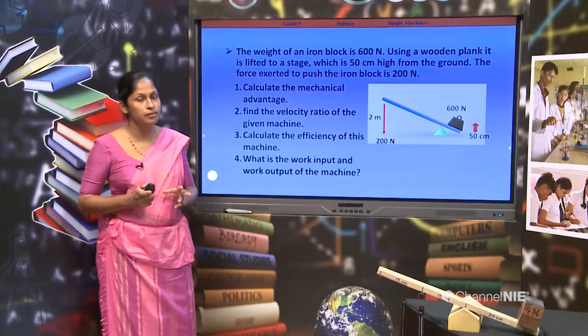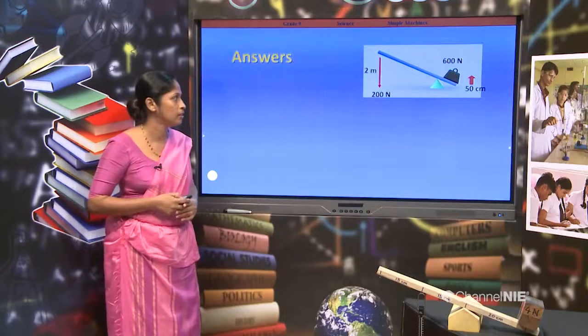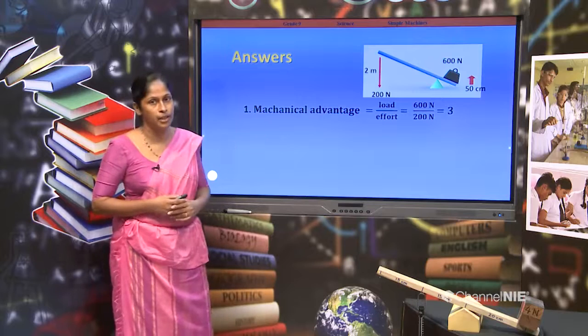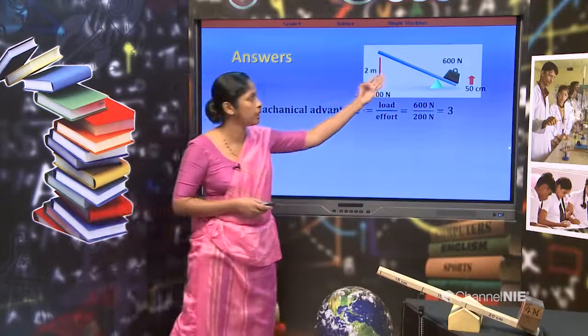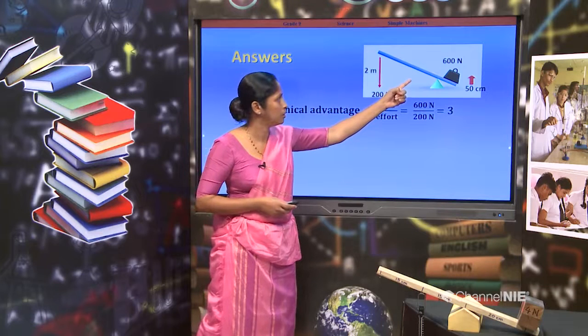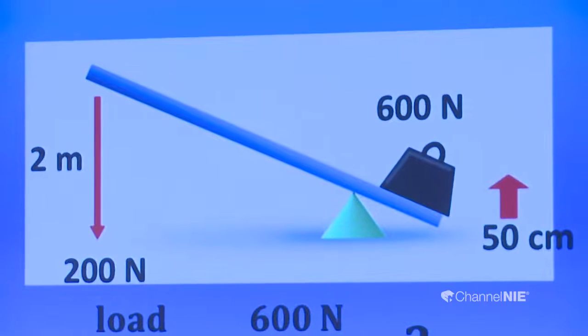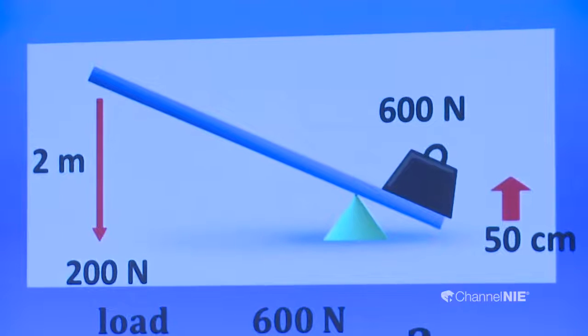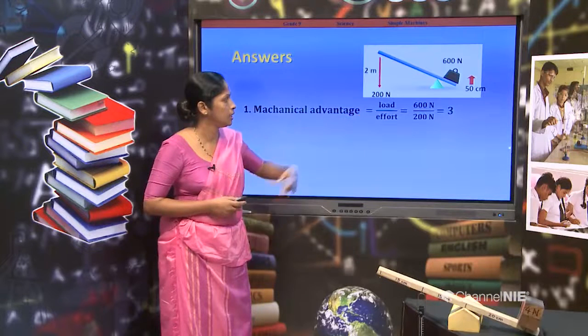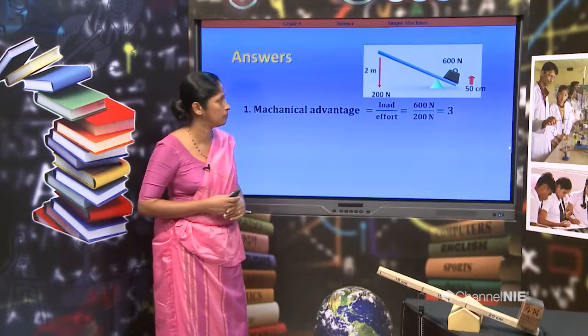Okay, children, now let us see the first one, mechanical advantage. The same figure is on this slide also. As I told you, I think you can remember, mechanical advantage is load divided by effort.